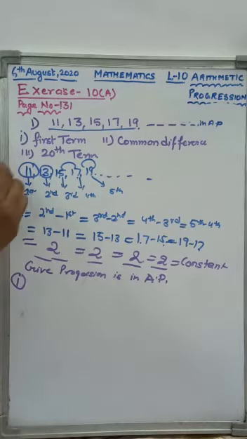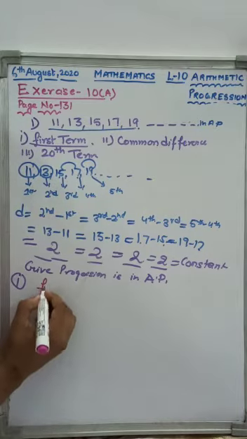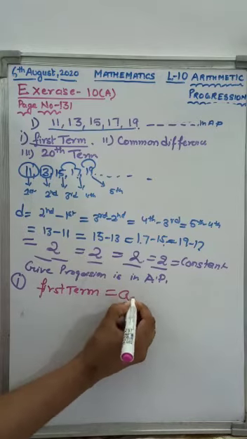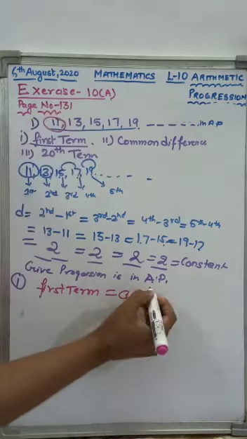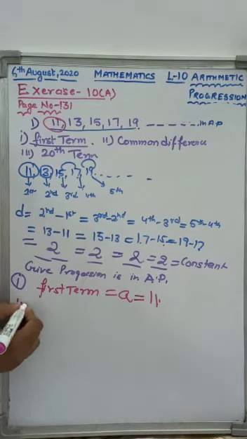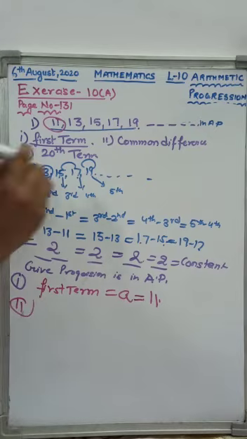Now, in the question we have to find the first term. How will you find the first term? First term means first number, पहला नंबर A. तो ये कौन सा है पहला नंबर सीरीज में? 11. So this is your first part answer. In the second part they are asking us the common difference.